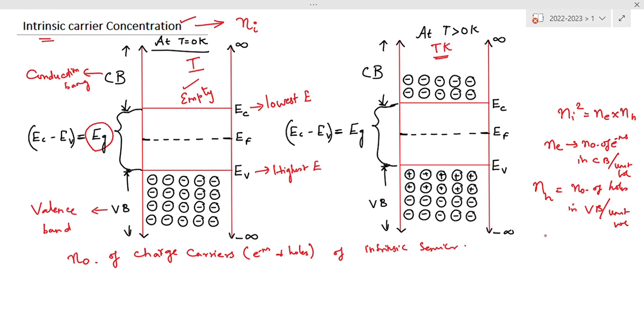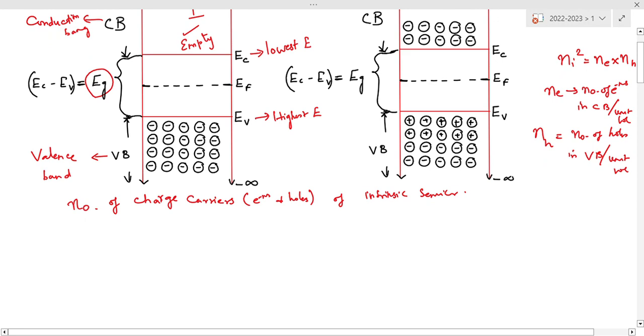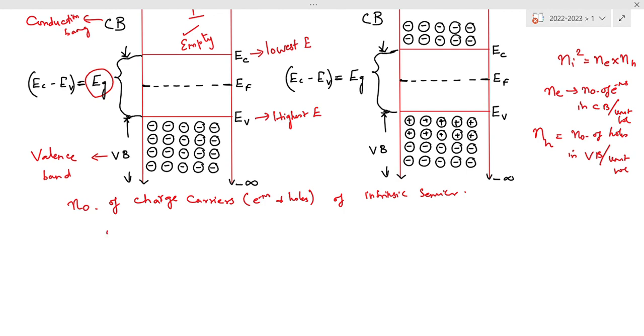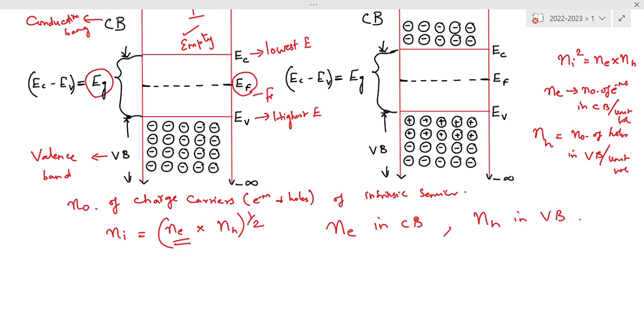Now, the general formula for Ni is Ne into Nh, as we said earlier, the whole power half. So our work is we need to find the number of electrons in the conduction band of an intrinsic semiconductor and the number of holes in the valence band of the intrinsic semiconductor. In the diagram, Ef denotes Fermi energy level.